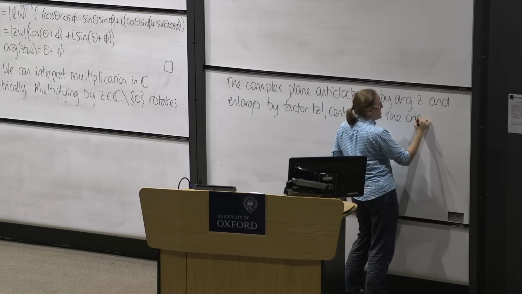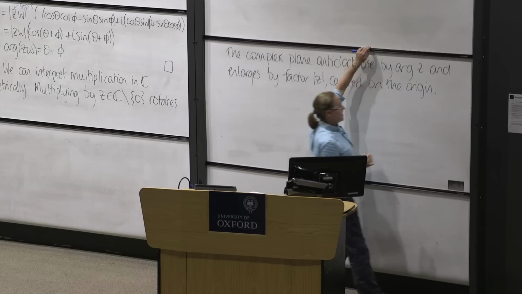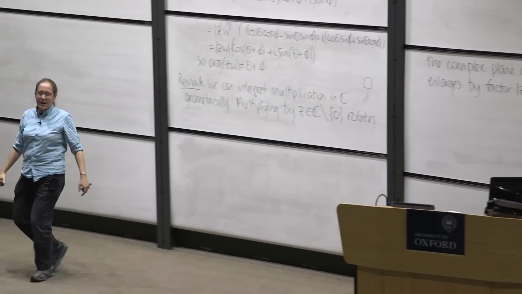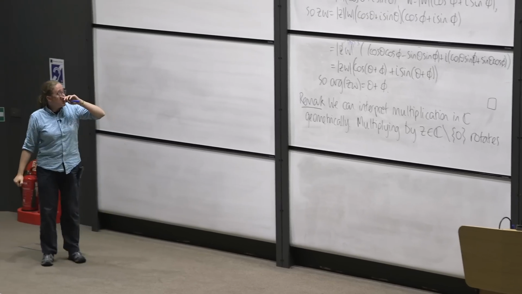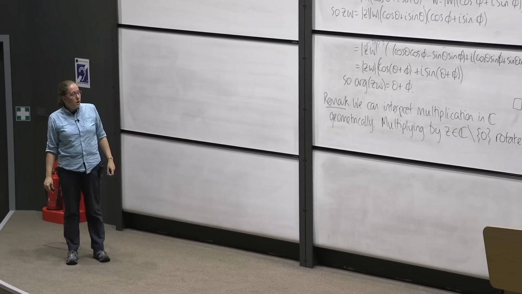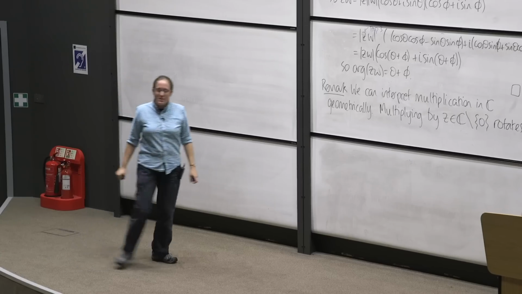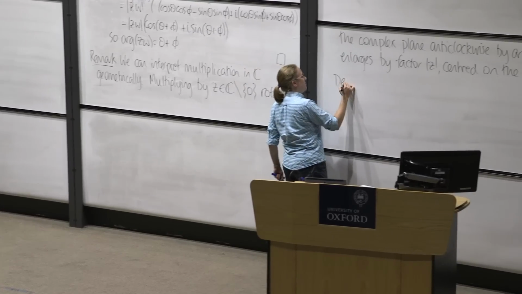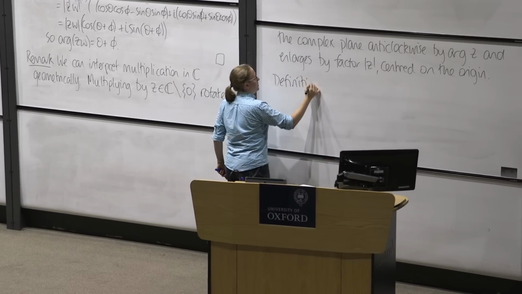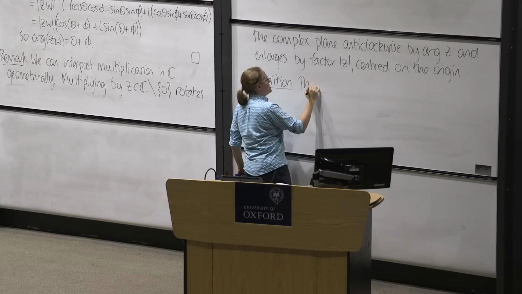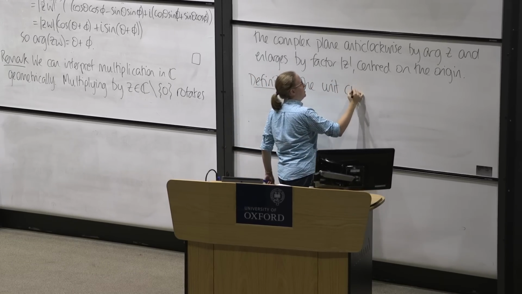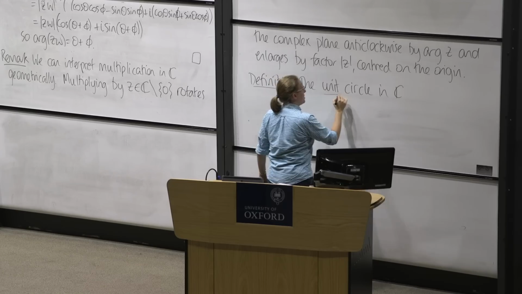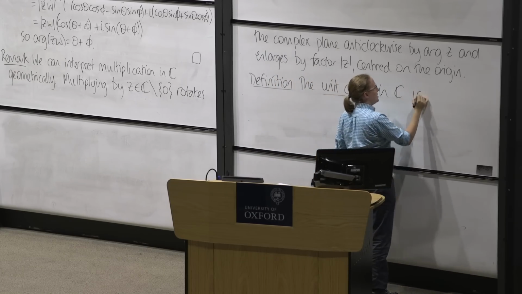So there is a nice way to make sense of multiplication with our geometric view of complex numbers as well as algebraically. So we're going to find ourselves using this proposition lots. OK, I want to introduce you to some particularly nice complex numbers. They're called the unit circle. So definition, the unit circle in C, and I'm defining the unit circle, is kind of what you expect.